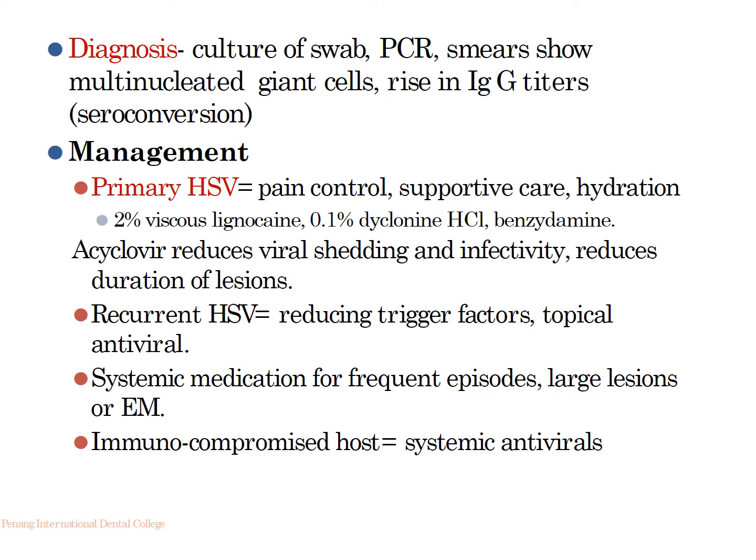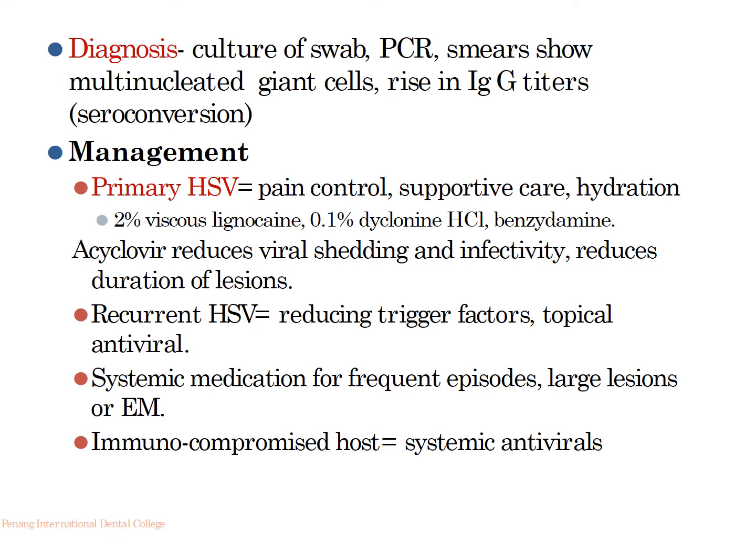Since it's a minor infection, in the clinical scenario we generally do not send the patient for lab tests. We would treat the case empirically, that means assuming that the infection is a herpes infection, more so because the infection is very common.